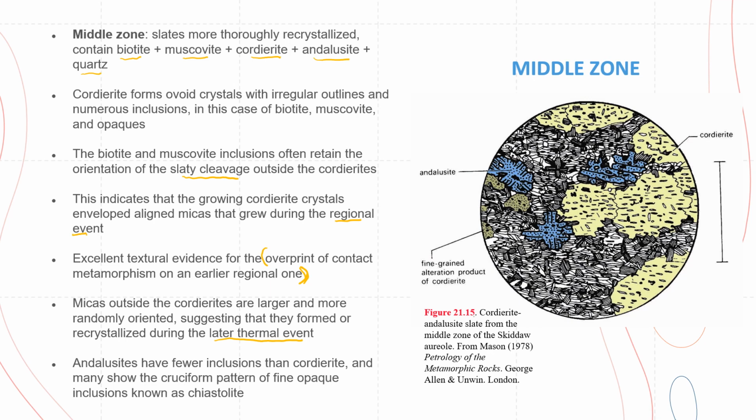Because in our regional event, we had aligned micas, but now in this event, we have more randomly oriented micas. So this further emphasizes the overprint effect that it has had. And andalusites have fewer inclusions than cordierite, and many of them show the cruciform pattern of fine opaque inclusions known as chiastolite.